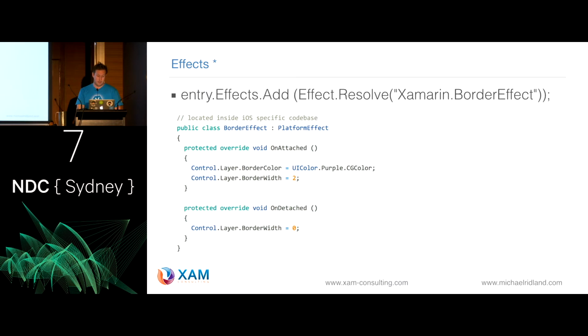If we go into it, on iOS I've inherited from the platform effect, and when it's attached, I've got access to the native control on iOS, and I'm updating the purple color and the border width. And when it's detached, it's getting rid of that.